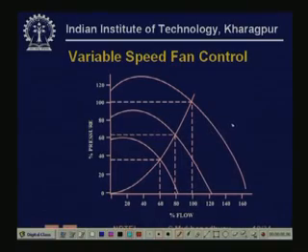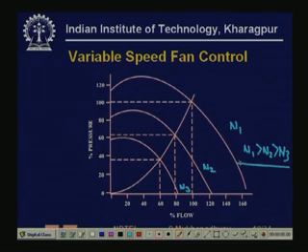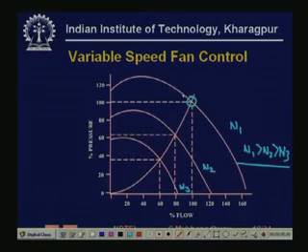Let us say this is N1, this is N2 and this is N3, and N1 is greater than N2 is greater than N3. Now the operating point will change along this. This is the first one, then the second one, and the third one.